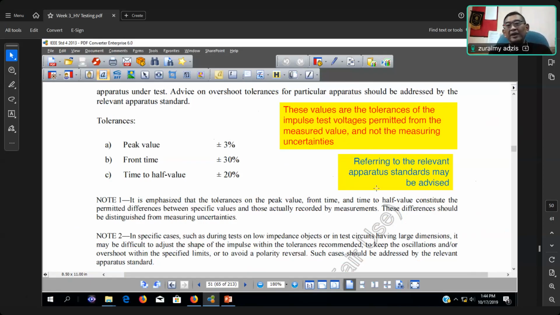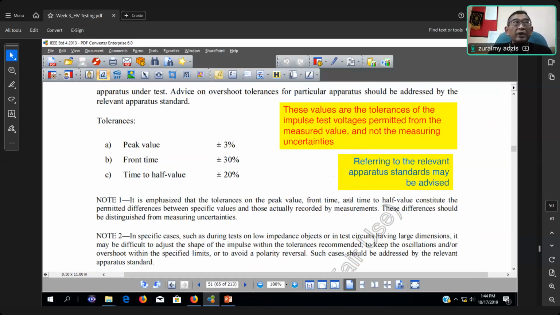Referring to relevant apparatus standards may be advised. For example, transformers may be injected with lightning impulse voltage because it's outdoor, and switching impulse voltage because it's already in the electrical system, and faults can be everywhere.